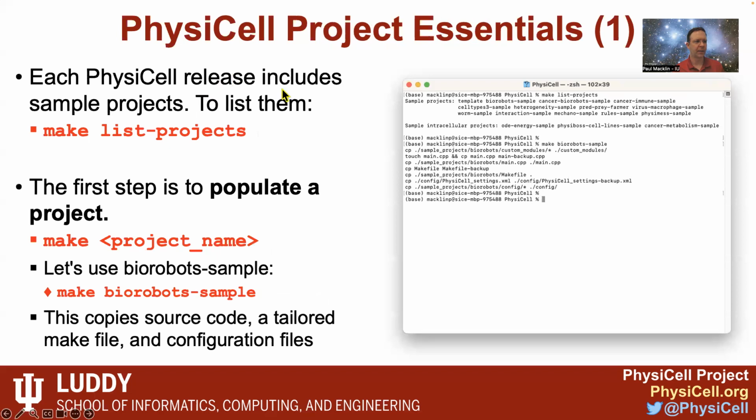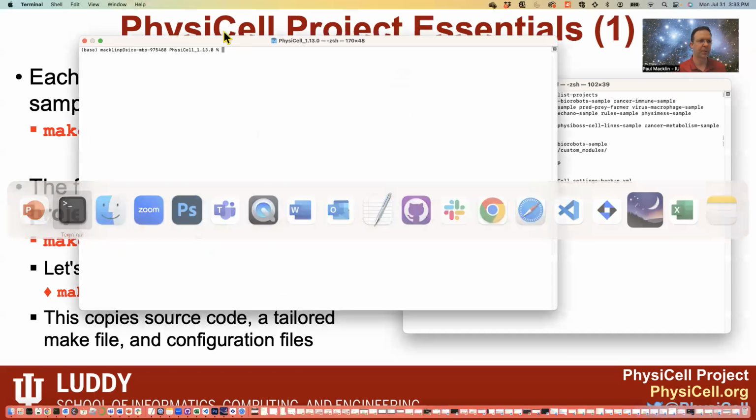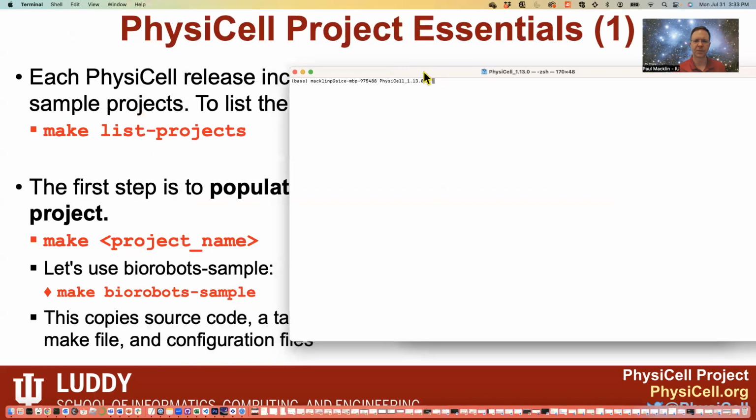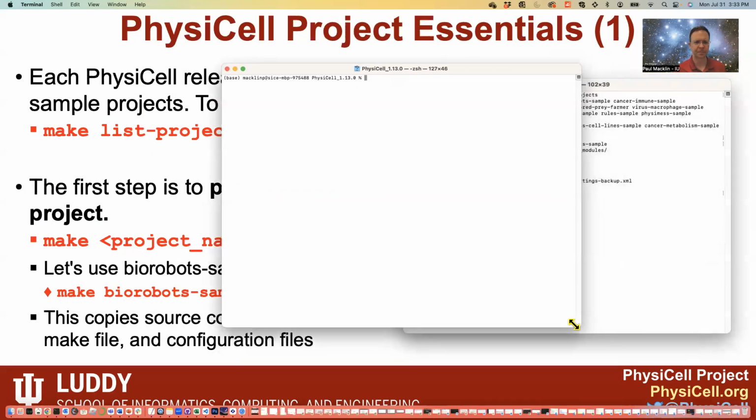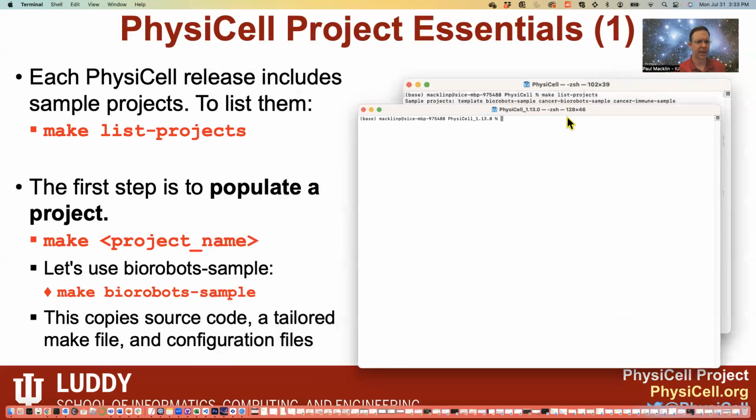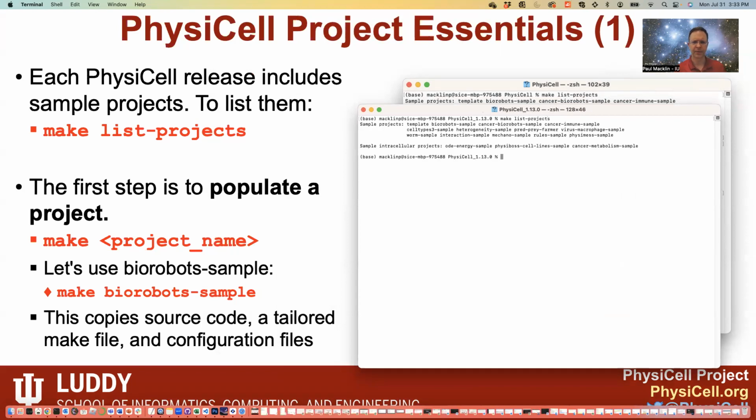And so let's take a look and actually get some practice now in building some of these sample projects. So I'm going to go here into a terminal window that's open in my PhysiCell directory. So here we are. And I'm going to type make list-projects, and now I have a list of all the sample projects that are available to me, and I'm going to populate one of these sample projects in particular, make, and then the name of the sample project.